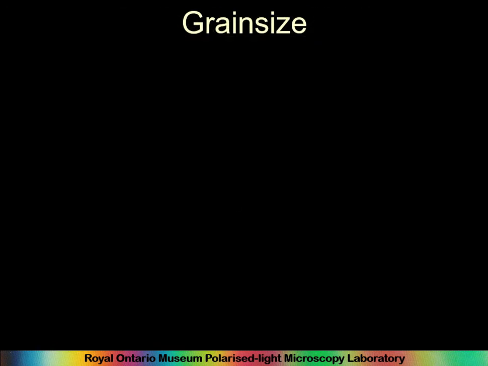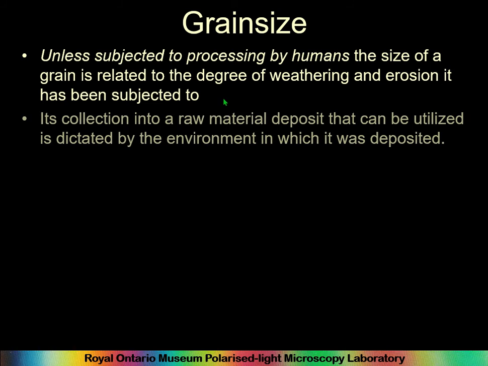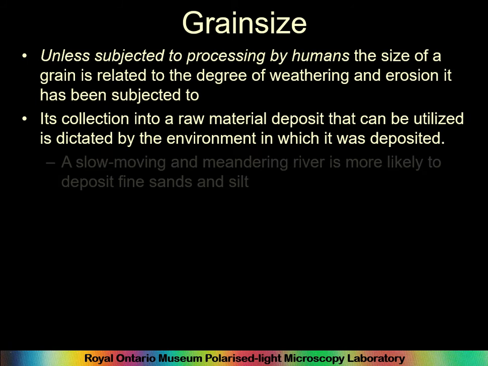So grain size. Unless subjected to processing by humans, because we're talking about archaeological pottery here, and humans may actually mess around with stuff, the size of a grain is related to the degree of weathering and erosion it has been subjected to. Its collection into a raw material deposit that can be utilized is dictated by the environment in which it was deposited.